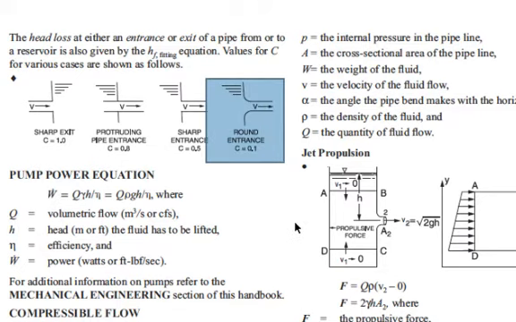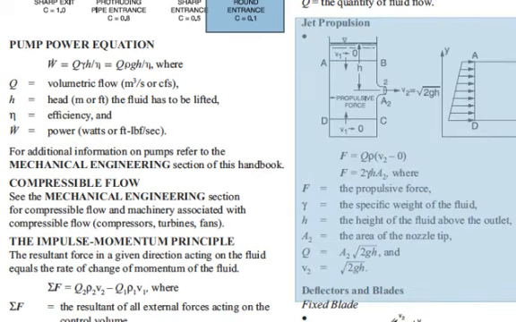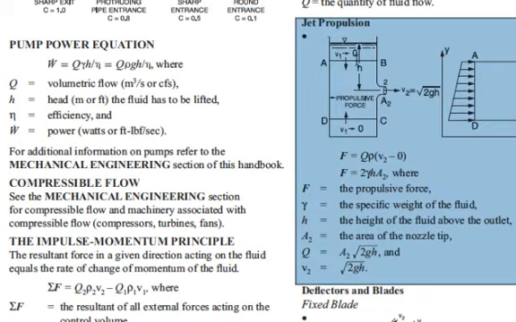Now the shortcut is actually all embedded in this diagram over here. This is essentially jet propulsion, where you have a fluid discharging to an open atmosphere, and it tells you that from this distance, V2 is equal to root 2gh.